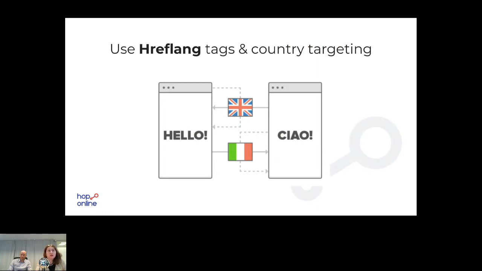And also you can take advantage of the country targeting option in Google Search Console. This is basically low-hanging fruit, because on some of the markets you can see much better conversions than on the crowded big English-speaking markets.